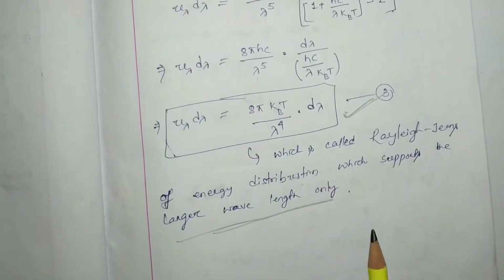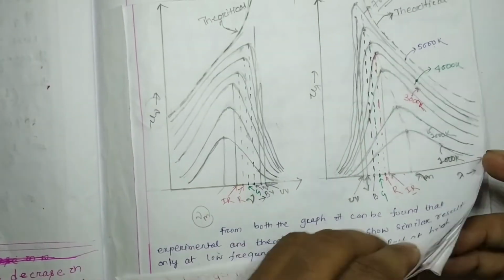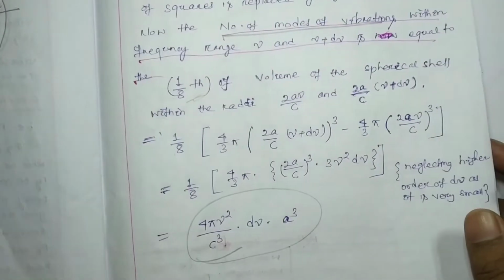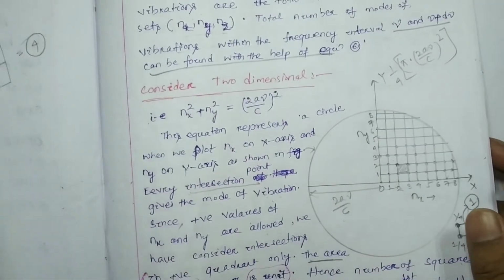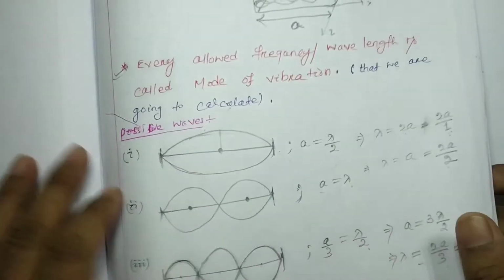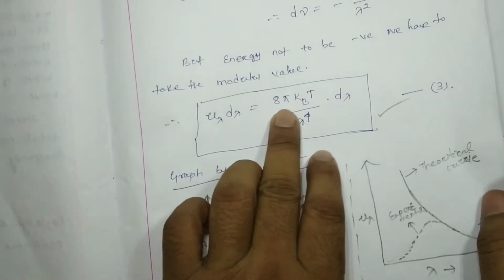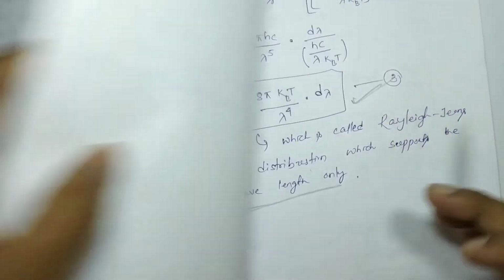You can go back and check Rayleigh's law in the wavelength form that we have discussed, and we found the same expression, whatever we found from Planck's law.